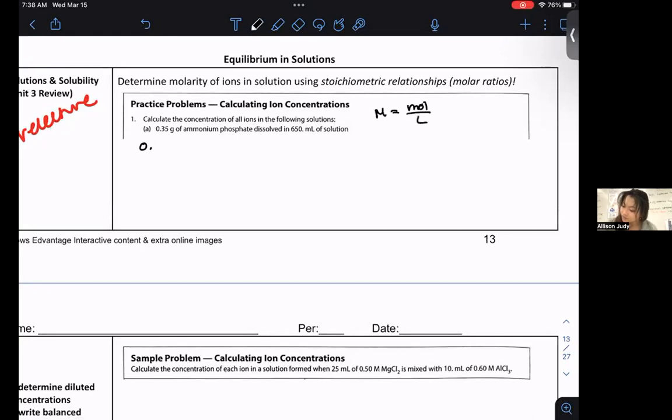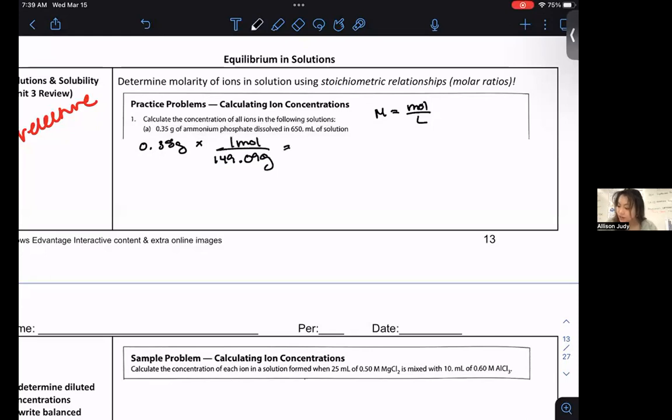moles per liter. So we're going to do 0.35 grams times the molar mass of ammonium phosphate, which give me 1 second to look that up because I don't want to calculate it right now. Okay, so it has a molar mass of 149.09 grams per mole, which means I'm actually going to shift it down because I want to cancel out my grams and put it into moles.